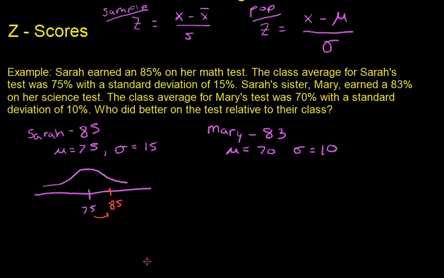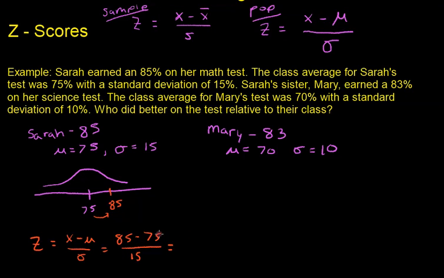To calculate that, we'll calculate z, which will be x minus mu divided by sigma. So x in this case is Sarah's score, which is 85, minus 75, divided by sigma, which is 15.